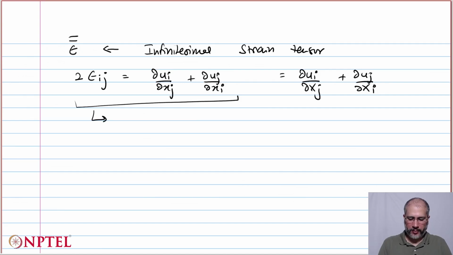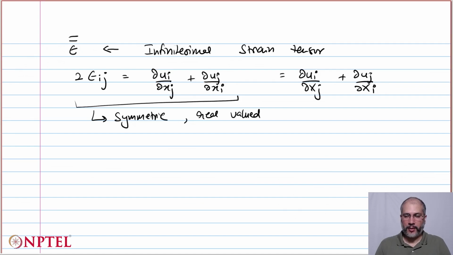This epsilon_ij is symmetric. You can check from the definition. And of course, it is real valued as well from the definition of epsilon. So with this idea, the idea of principal values and principal directions, which we had found for real valued symmetric tensors, will work for epsilon as well.